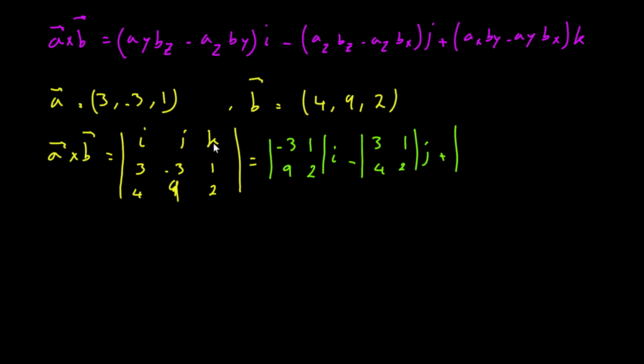Cover that column, so it's going to be 3, negative 3, 4, 9, and then multiply it by k. Now if I do that, negative 3 multiplied by 2, minus 1 by 9, multiplied by i.